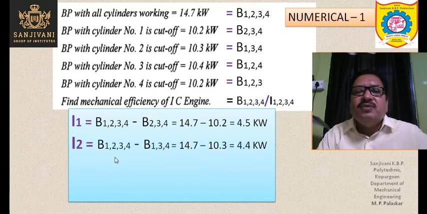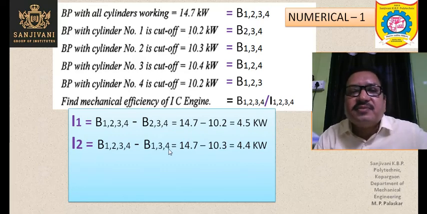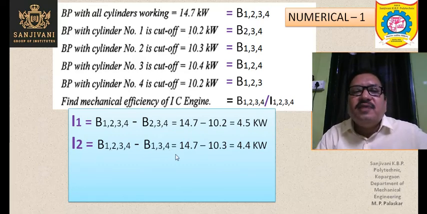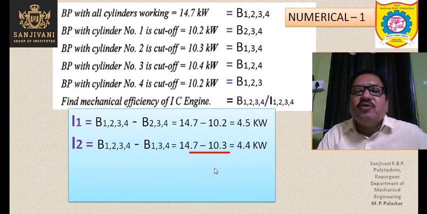Similarly, I2 is equal to B1234 minus B134. So we know that B1234 is 14.7 kilowatt and B134 is 10.3 kilowatt. So that 10.3 we have taken here, and it gives us 4.4 kilowatt.